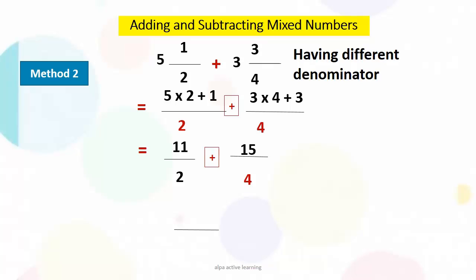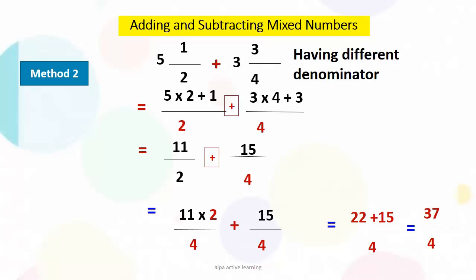So we'll change this 2 into 4 by multiplying with 2 in both numerator and denominator. So 11 twos are 22 and 2 twos are 4, plus 15/4 as it is. So this will be 22/4 plus 15/4, altogether 37/4. So you can solve this sum by any method, children.